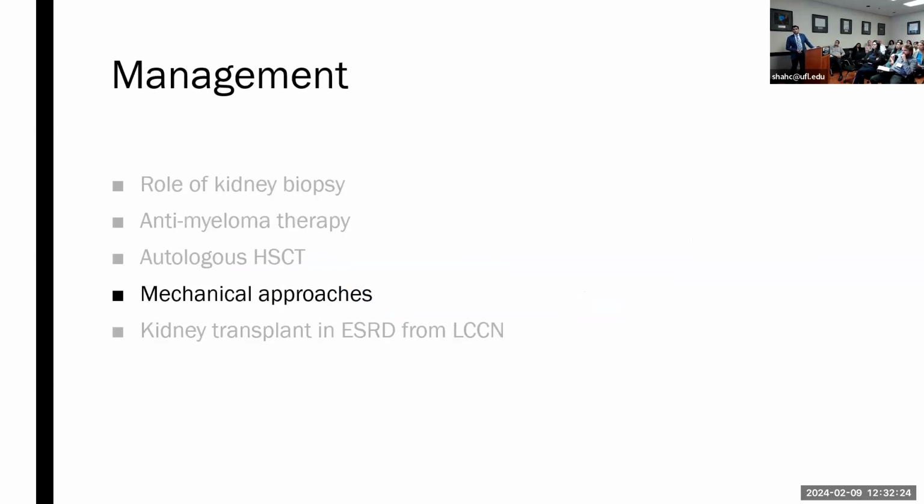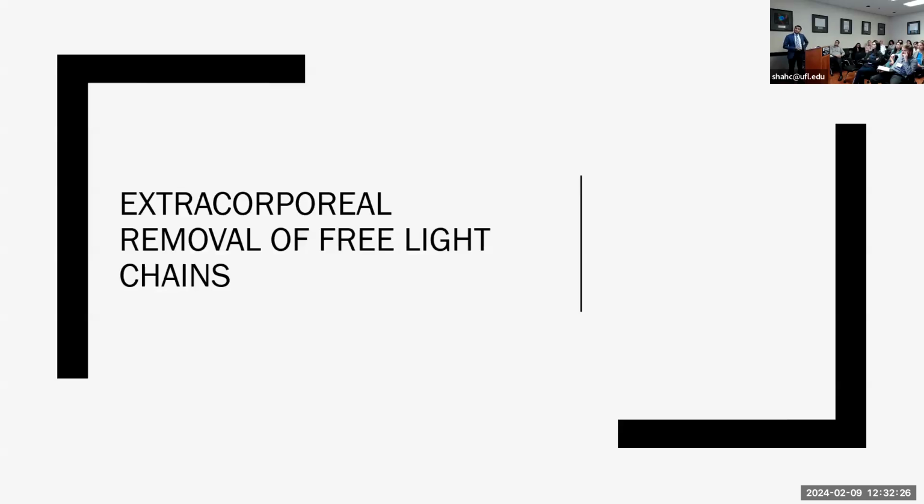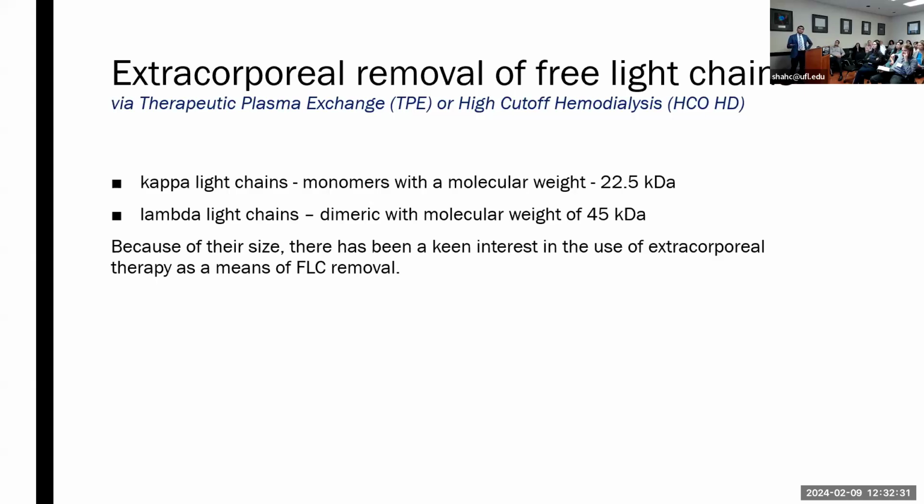Mechanical approaches. So let's discuss this topic now, extracorporeal light chain removal. Because light chains have very low molecular weight, only 22 kilodaltons for kappa and only 45 kilodaltons for lambda, it is logically thought that because the size is so small, we should consider removal by extracorporeal means, and that will help us achieve rapid reduction of light chains and improve renal outcomes.